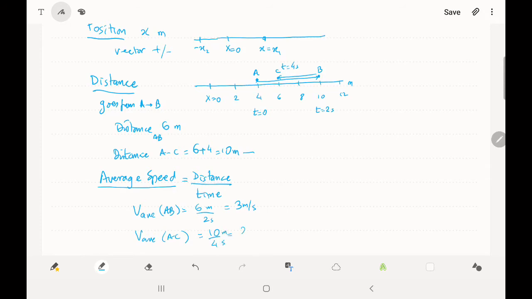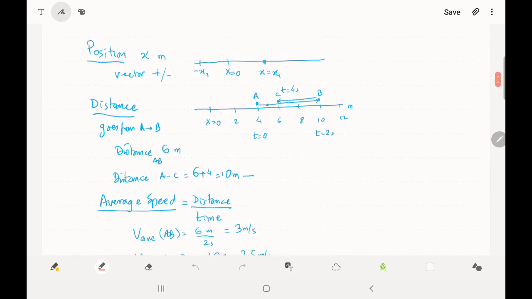So it's going to be 2.5 meters per second. Now this does not tell us anything about the speed that it had at this point or any other point. It just gives us the average between A and C, or between A and B.